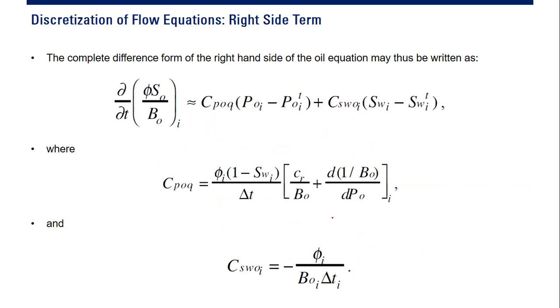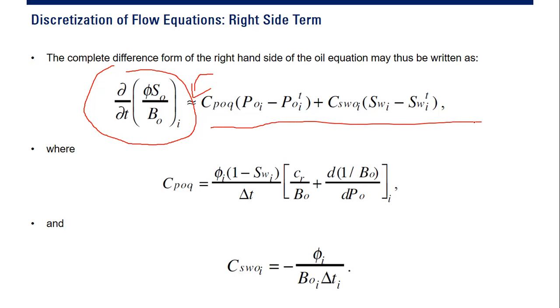The complete difference form of the right-hand side of the oil equation may thus be written as, so I want to rewrite this one with approximation. Now here, this is the equation. The capacity multiplied by the pressure change, and then this is for water multiplied by the saturation change.